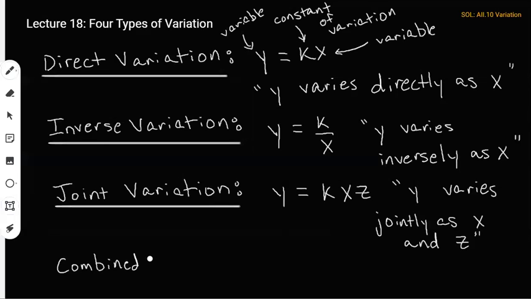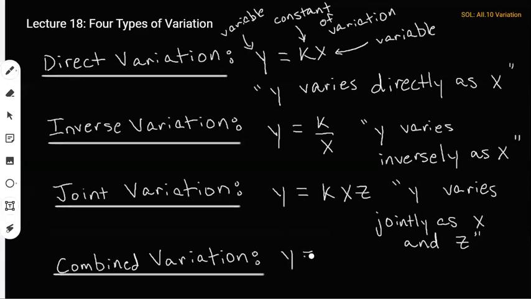So when we're talking about combined variation, we're really thinking about combinations of the 3 types of variation that we've already talked about. So typically in a combined variation, you'll see direct and inverse, or you might see joint and inverse.